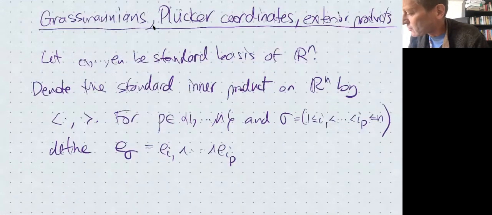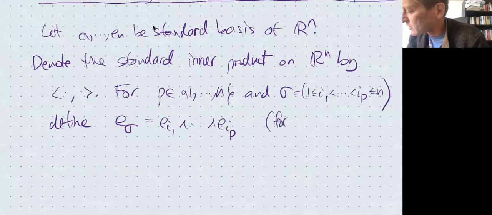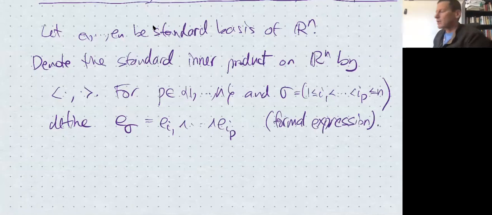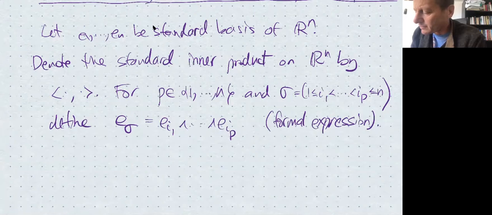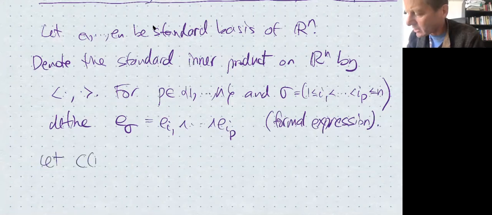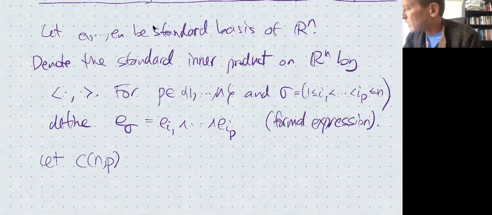So for now, this is just a formal expression. It's just a notation. Something we do with a p-tuple of standard basis vectors, that's all. So let's let the collection C and P be the collection of such expressions.